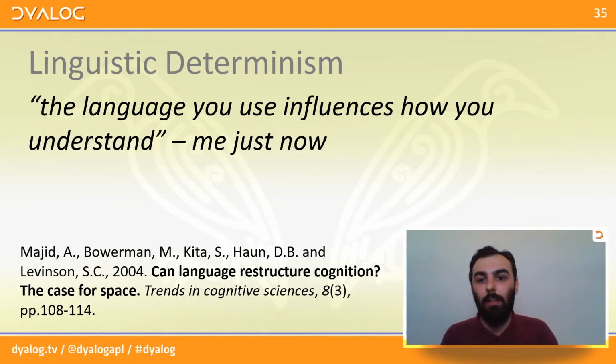The Case for Space. And here they looked at an Aboriginal Australian language, I think some other languages, that either as well as or instead of your relative spatial words like left, right, front, back, they use words that are equivalent to north, south, east and west, often in relation to some physical landmark.